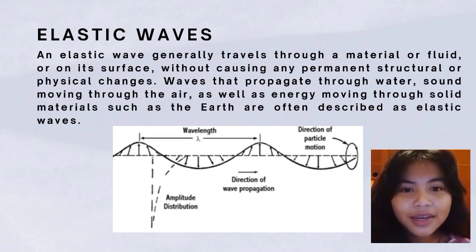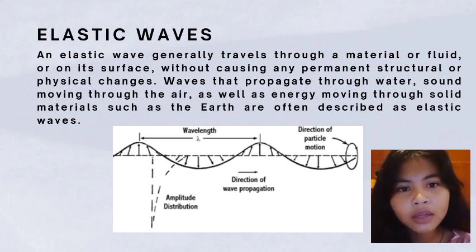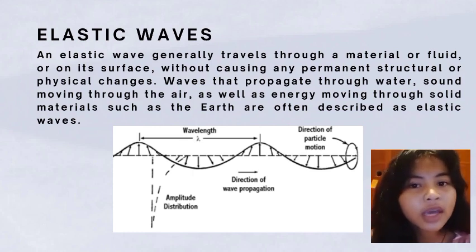These three examples are known as elastic waves. Now, as stated, water waves propagate through water, sound waves through the air, and seismic waves through the earth. So what are water, air, and earth?